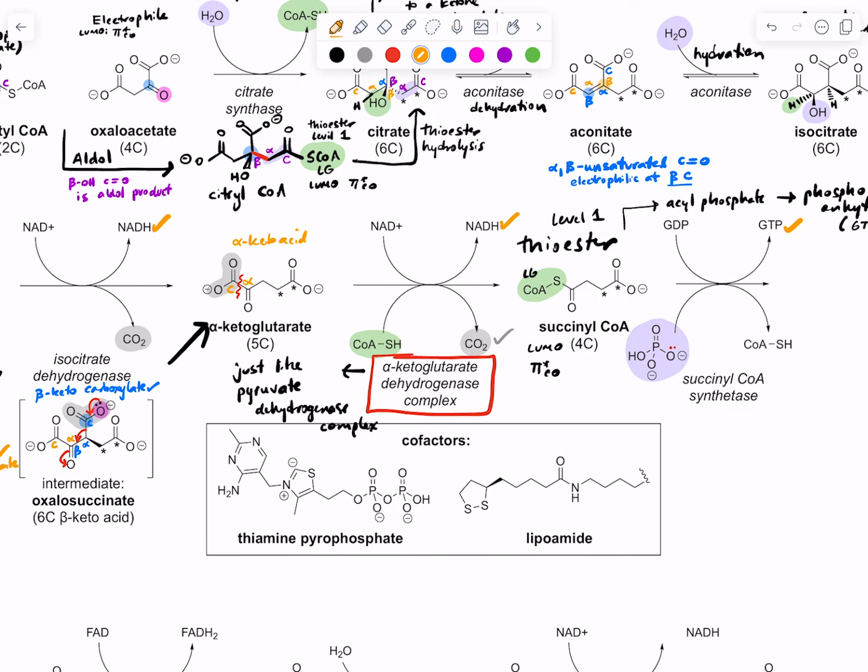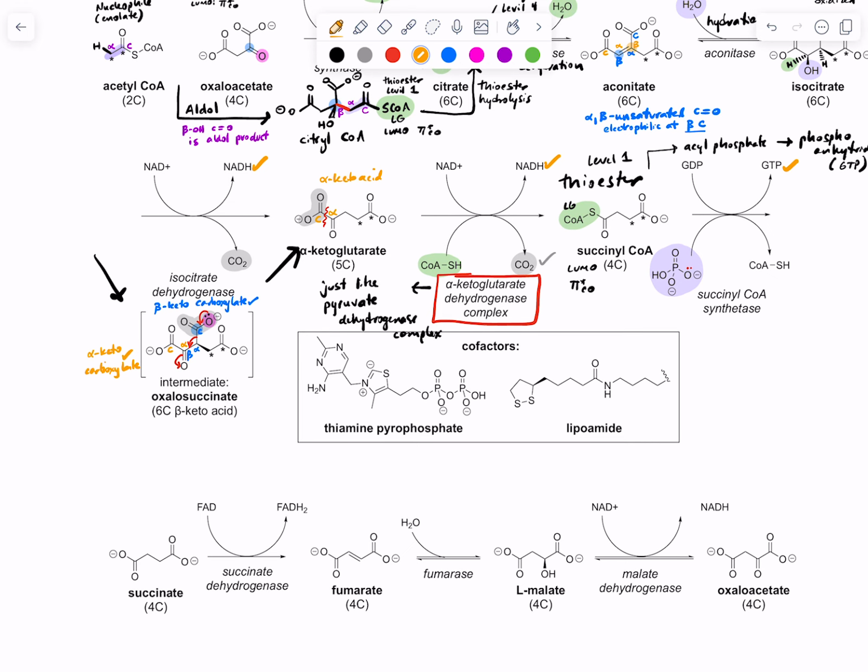We've already generated a couple of NADHs. Last couple of steps, succinate. If you compare succinate to oxaloacetate, both have 4 carbons, but oxaloacetate has a ketone that's alpha to one of the carboxylates. So we need to oxidize this CH2 group to get it to be at the level of ketone.